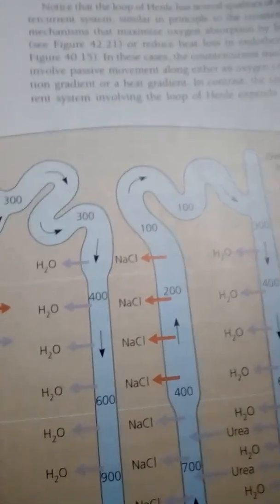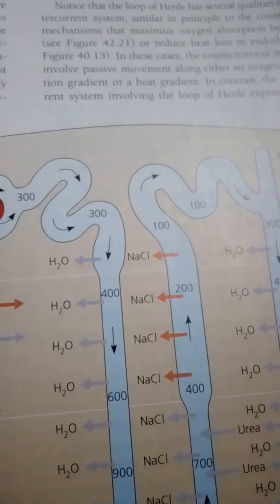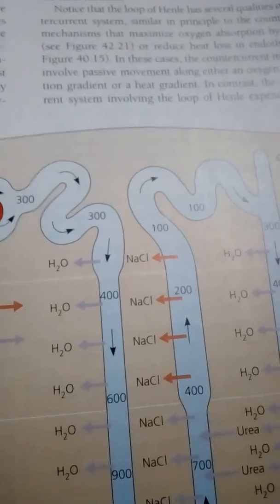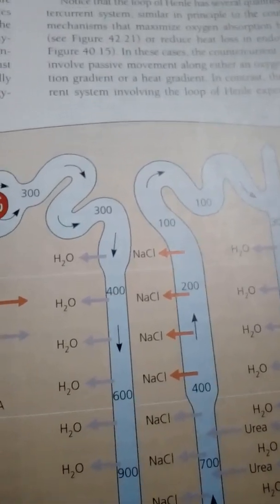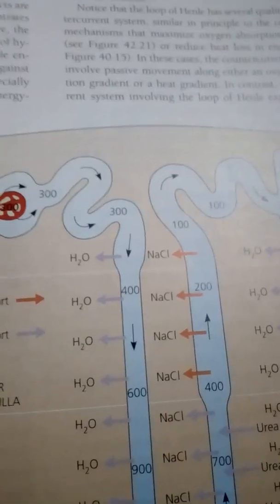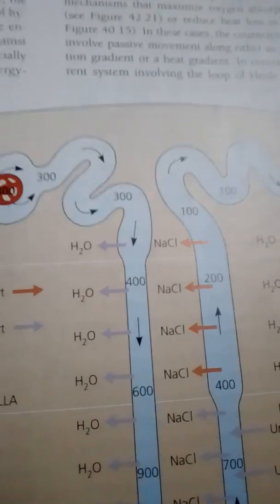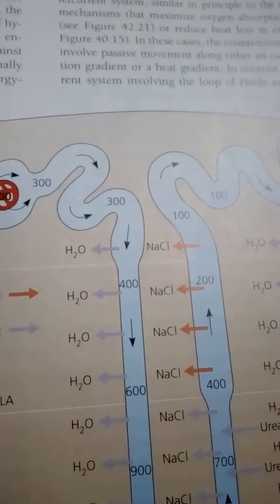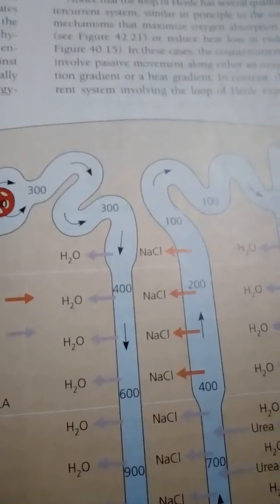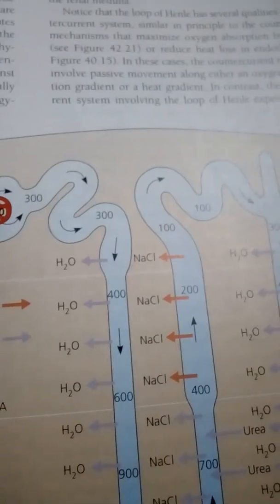In contrast to the descending limb, the transport epithelium of the ascending limb is permeable to salt but not to water. The ascending limb has 2 specialized regions, a thin segment near the loop tip and a thick segment adjacent to the distal tubule.